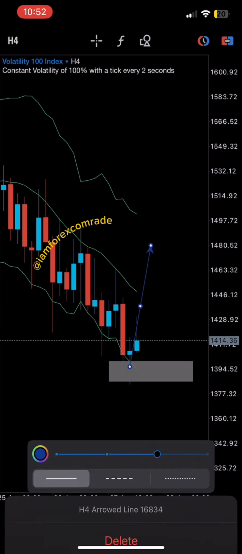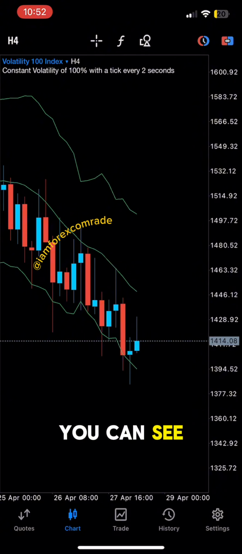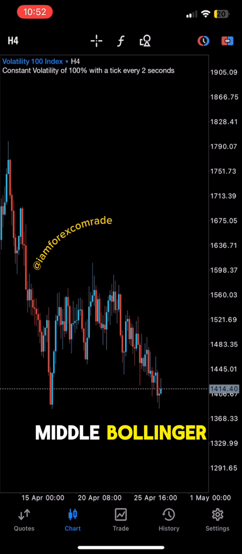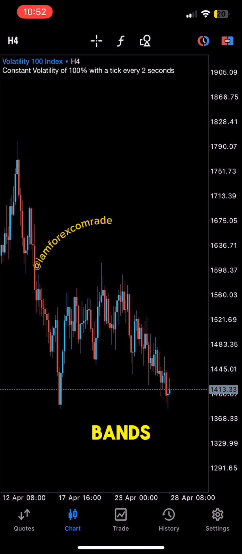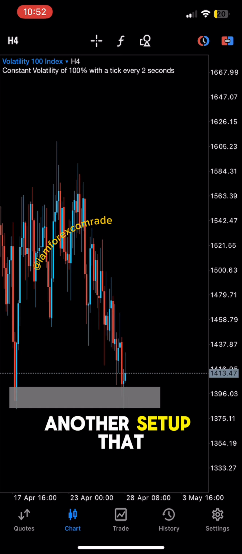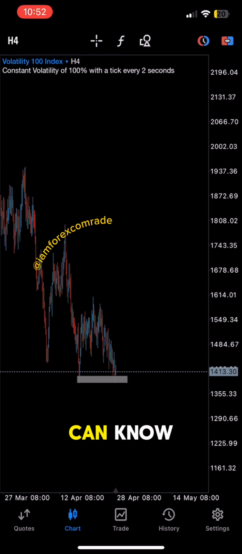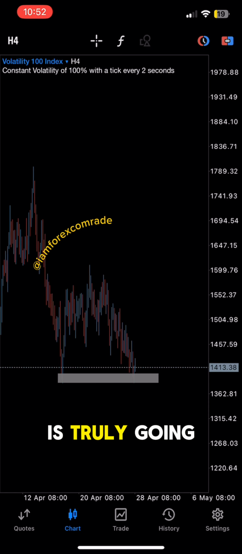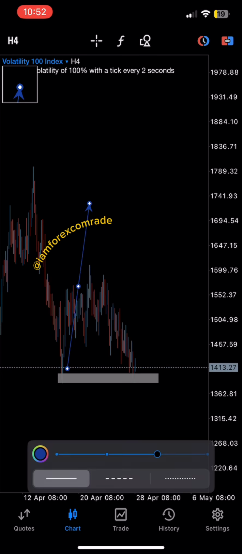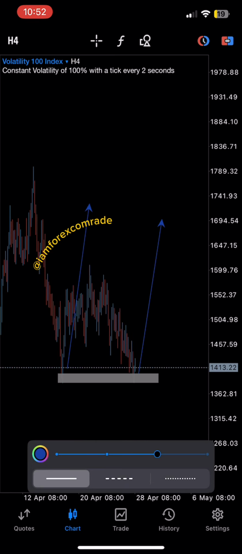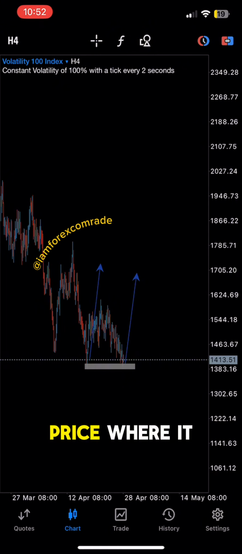And then the market is now going towards the middle Bollinger, and then I have removed the Bollinger Bands so that we can clearly see the chart, and we look for another setup that might support that Bollinger bounce so that we can know if the market is truly going to buy or not.